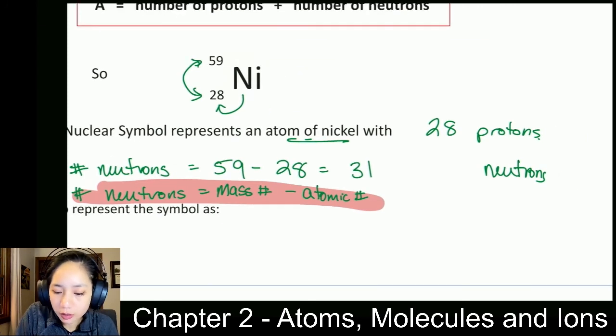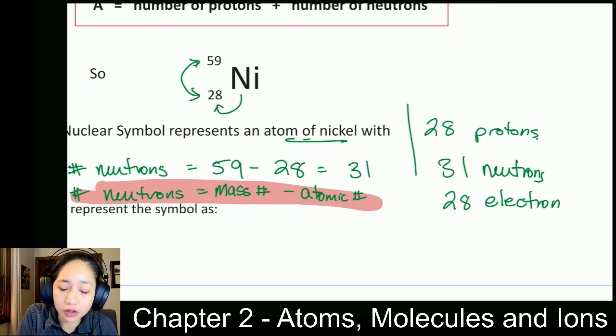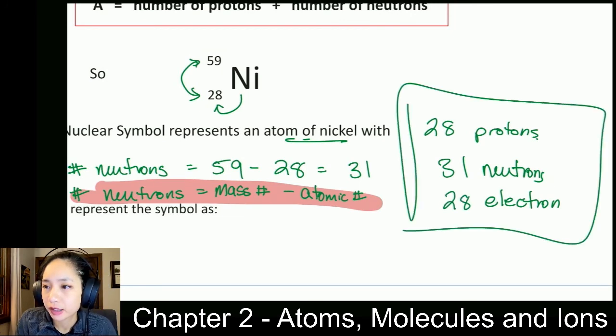And so here we have 31 neutrons. And then our last subatomic particle is our electron. This is a neutral nickel, so the number of electrons must equal the number of protons, so there has to be 28 electrons within one nickel atom.